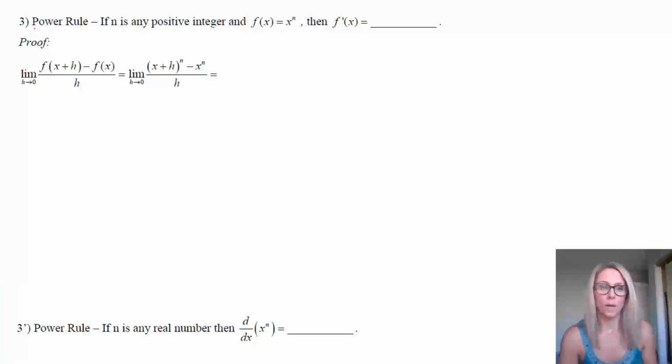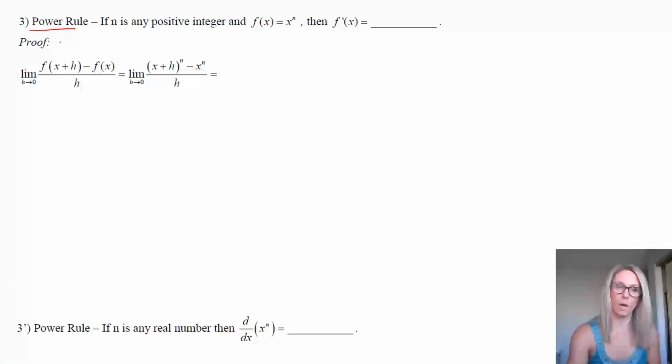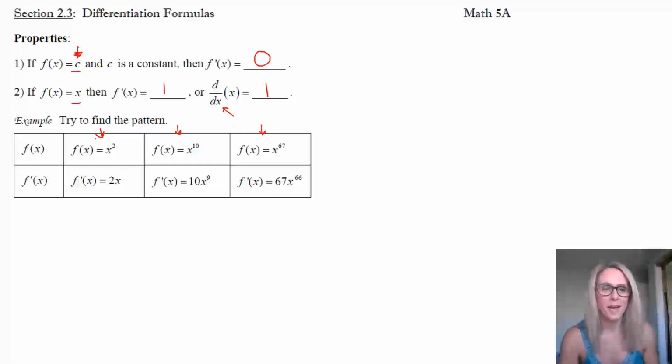So this leads us to the power rule. Maybe I'll come back over here really quick. It's a little easier to see on the second and third ones. What we are seeing is the exponent is coming down to the front, and the exponent is losing 1 from its power.